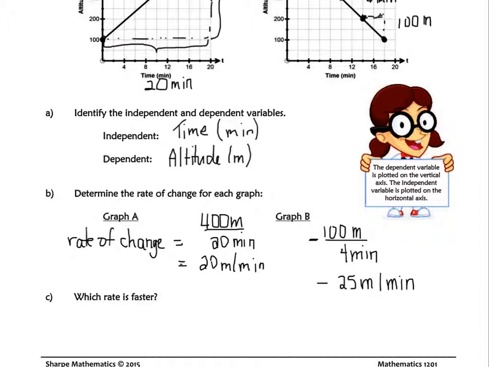So if we go back for a minute, in terms of answering the question of which rate is faster, ignoring the fact that one is increasing the altitude and the other is decreasing the altitude, so ignoring the negative, he's actually coming down the mountain at a faster rate. So the rate that's faster would be graph B. Graph B's rate: he's descending at a rate, because the negative would mean going down, altitude is decreasing.